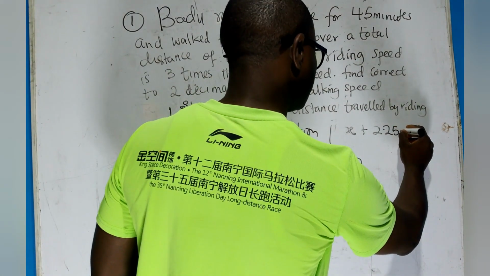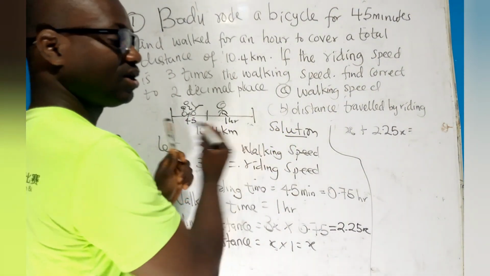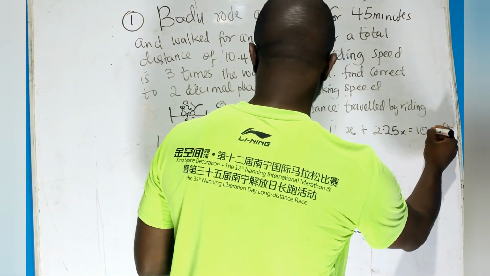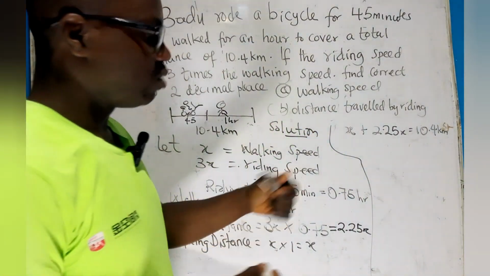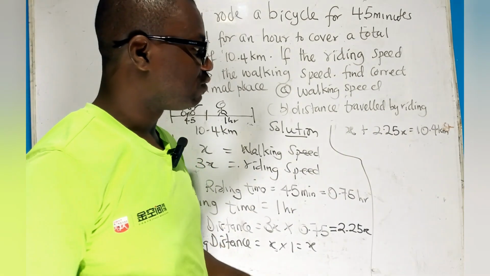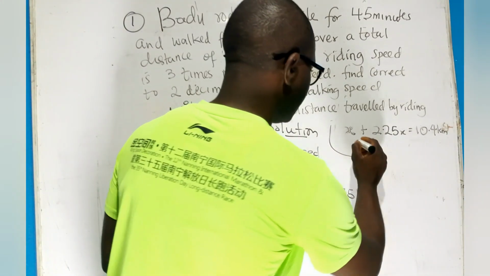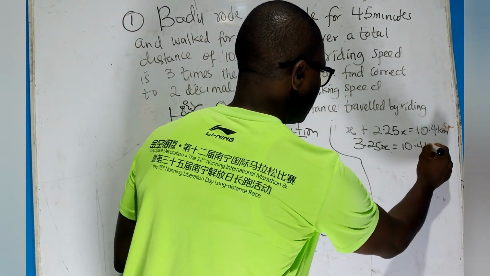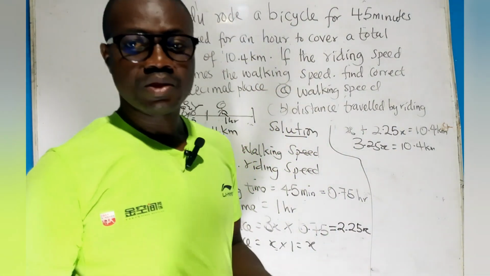So the total distance is 10.4 kilometers. When you add x plus 2.25x, we get 3.25x. So 3.25x is equal to 10.4 kilometers. Dividing both sides by 3.25, to make x the subject, you are going to have x is equal to 10.4 divided by 3.25.